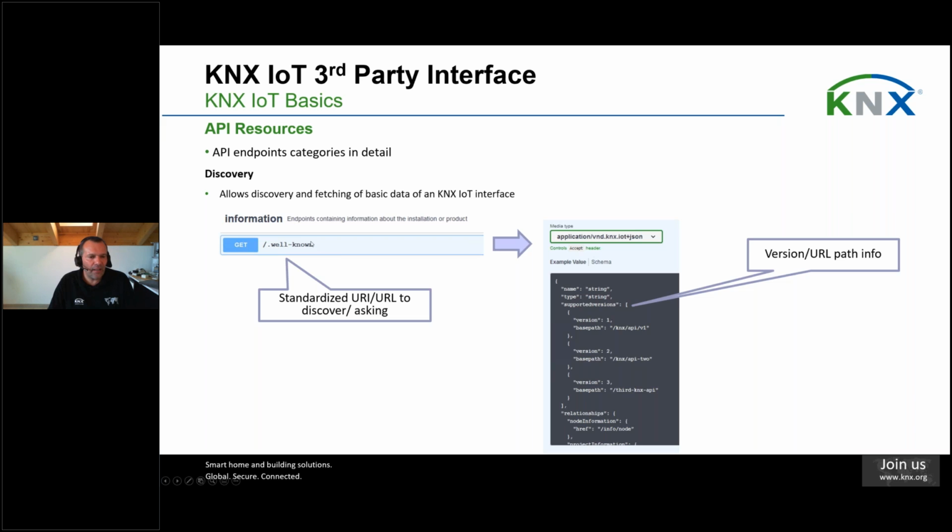The well-known is an endpoint which gives you the possibility, first of all, to see how many devices are in a domain, and secondly, to get basic information about what the entry point of such an API is and which version it supports, since versions and APIs alter faster than in a normal KNX Classic installation.